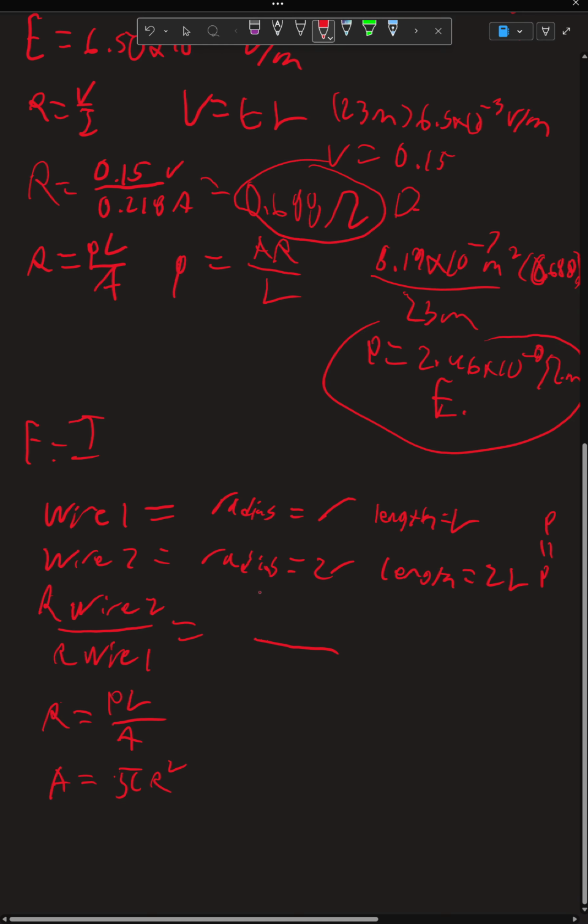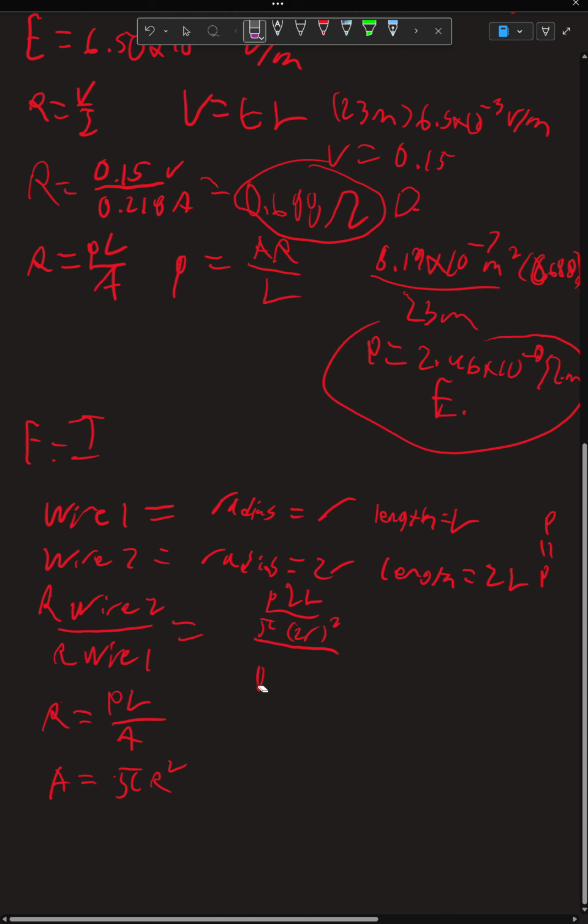So that's the area. All we have to do is plug it in to make it equal each other. ρ equals the same. Hold up, let me put it like this. ρ equals the same. Wire 2 has 2L and a radius of 2r. I'm going to square this, and then it's the area times pi.